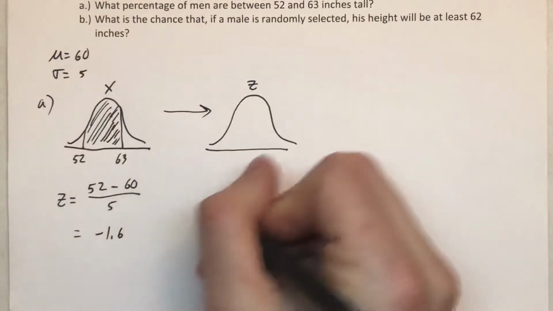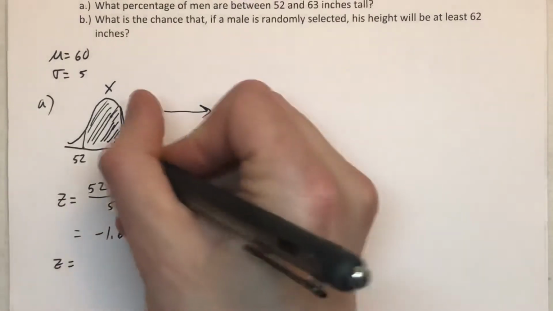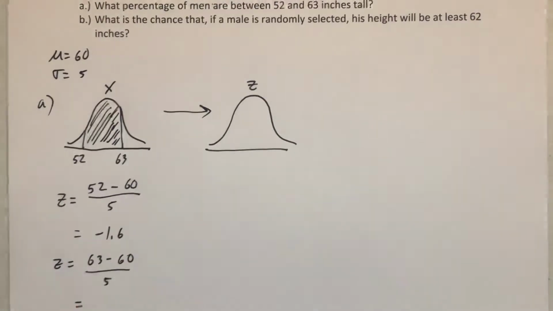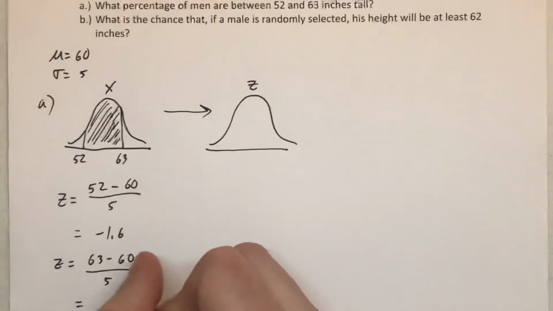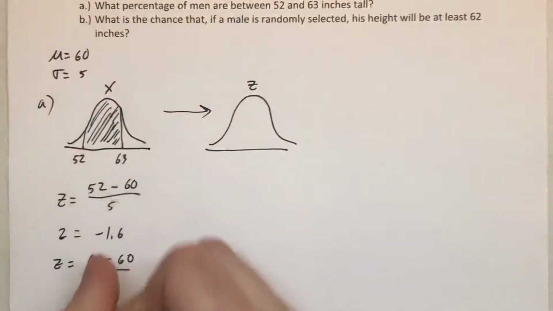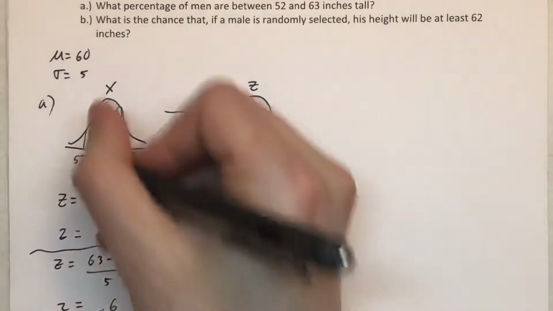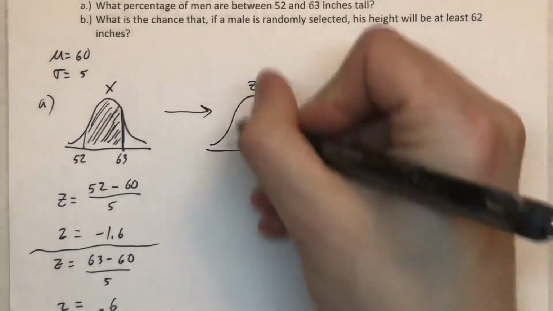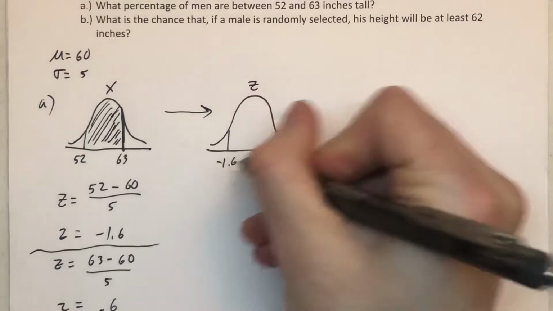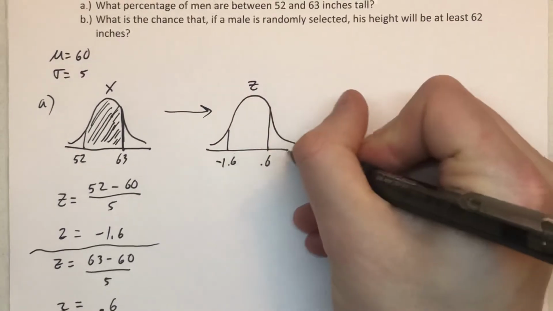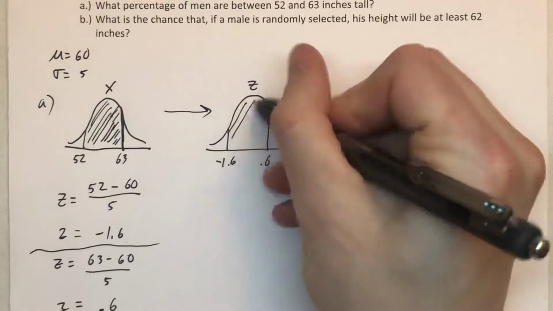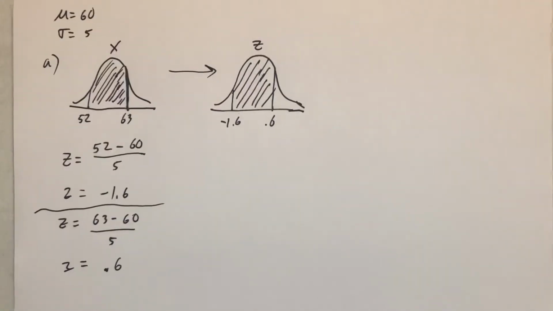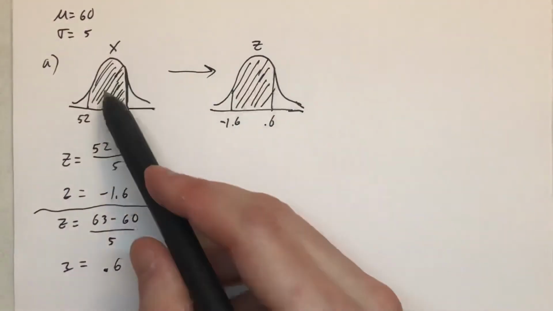And then the other one, I'll put it right below for 63. 63 minus 60 divided by 5, and that'll be 0.6. So we have two z-scores here, negative 1.6 representing 52 and 0.6 representing 63. So I'll put in my negative 1.6 z-score there, my positive 0.6 z-score there, and still shade between them. So now we've converted our picture.